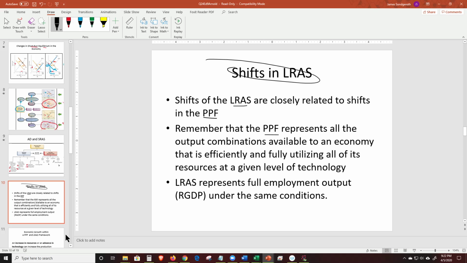The production possibilities frontier represents all the output combinations available to an economy that is efficiently and fully utilizing all of its resources at a given level of technology. So the long run aggregate supply curve represents full employment output under the same conditions as the PPF. So these two are identical, they're related to one another.